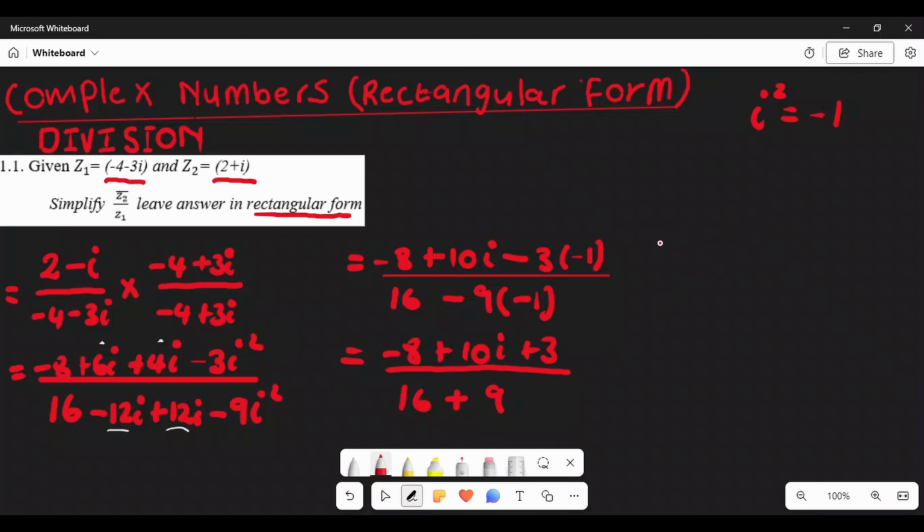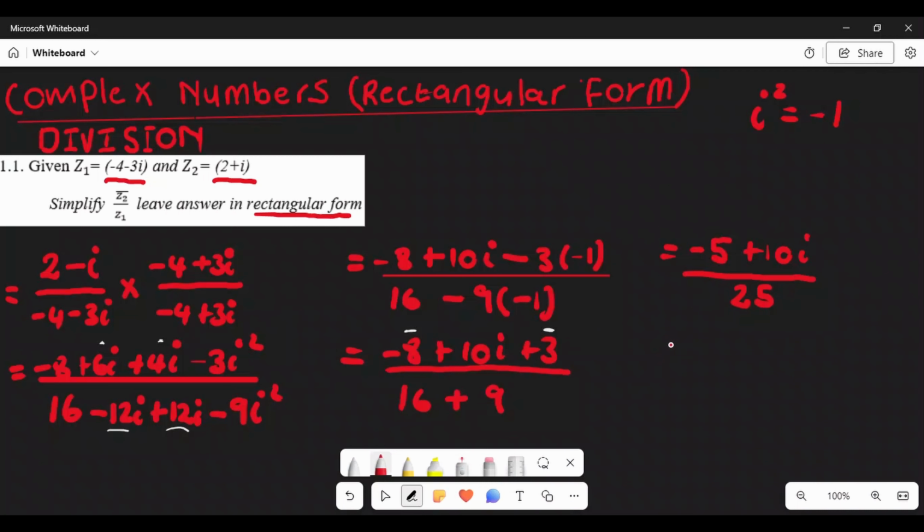If we continue here, we're going to have negative 8 and positive 3. These are like terms, so we're going to be left with negative 5, and then plus 10i on the numerator. On the denominator, we're going to have 16 plus 9, which gives us 25.